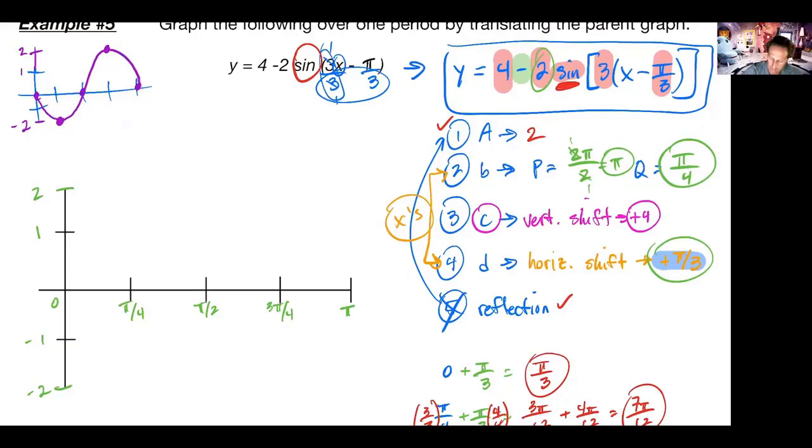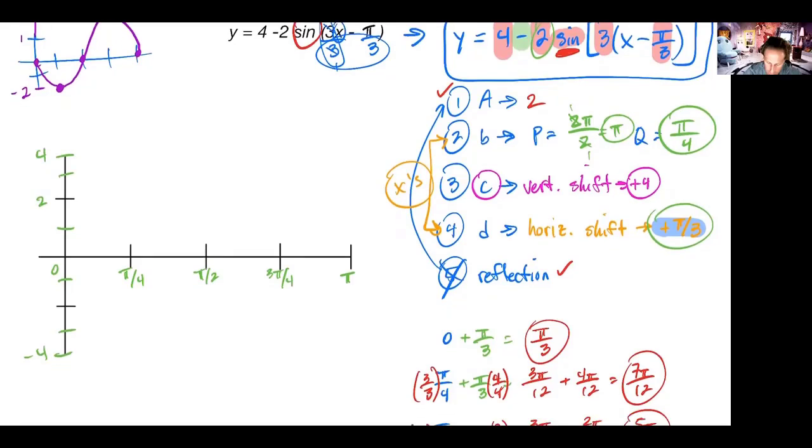So we've already taken care of the amplitude and the reflection, but now we also have taken care of our quarters and horizontal shift. We just need to make sure that we do our vertical shift of up 4. So in order to draw this with a little bit more room, I'm going to go ahead and change these. So when drawing these all down, again, a lot of moving parts, a lot of places to get confused on.